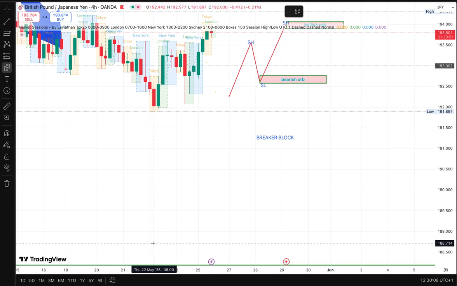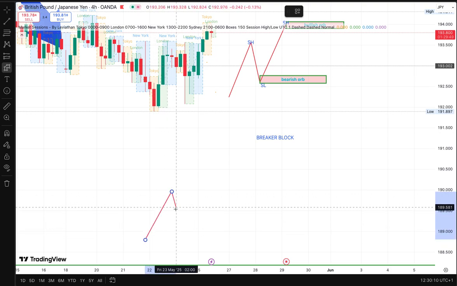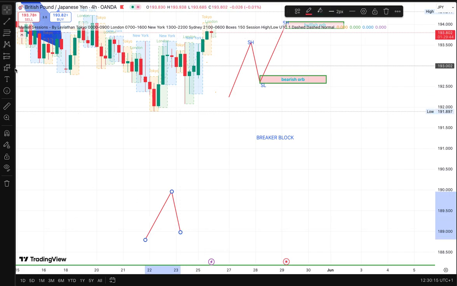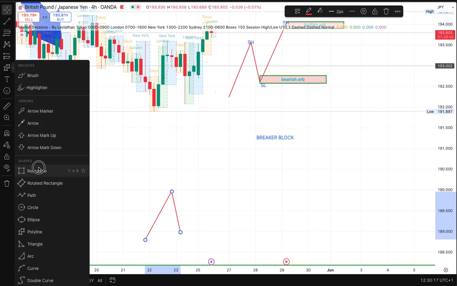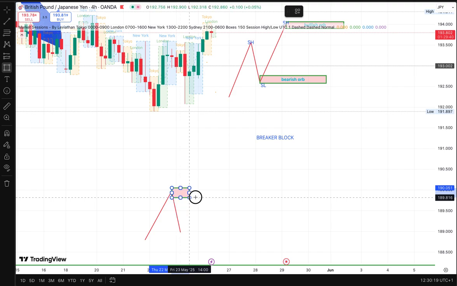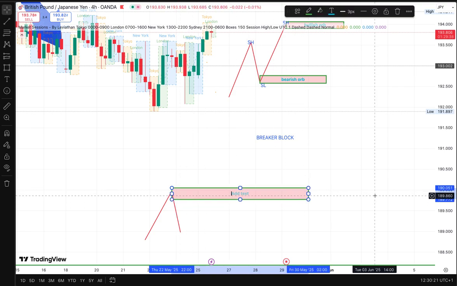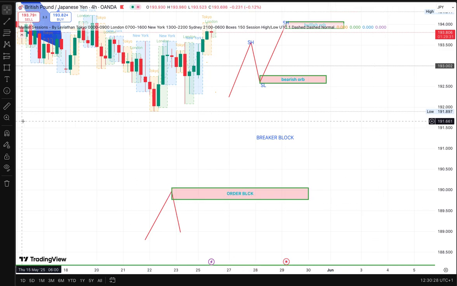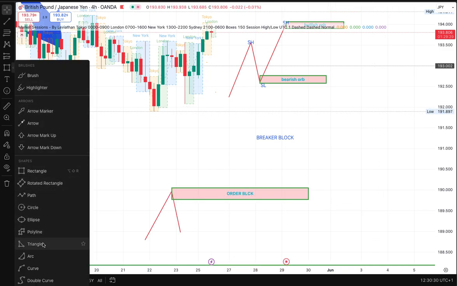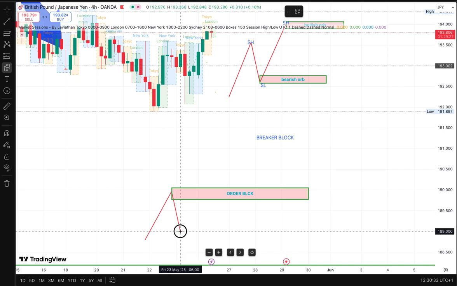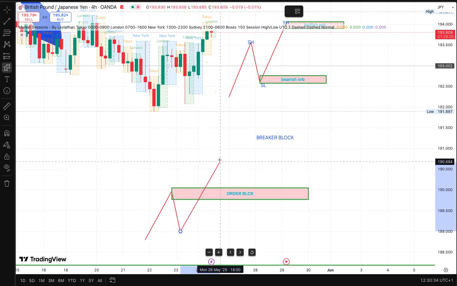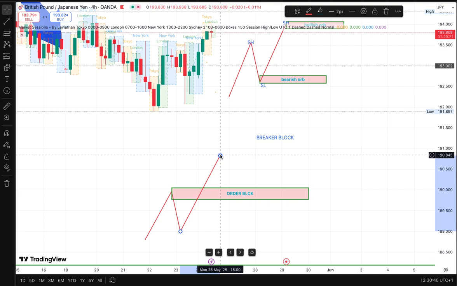So if you have a trend that is pushing like this, originally, this is where I'm going to identify my order block. This is my order block, right? So now, when the order block is broken through, this is bullish now.